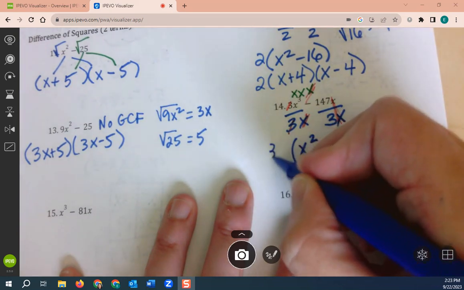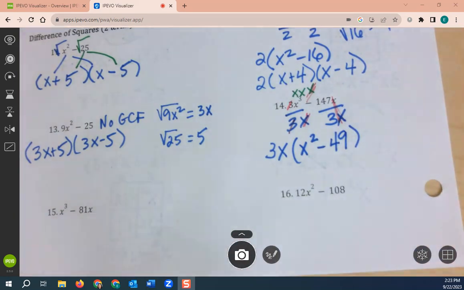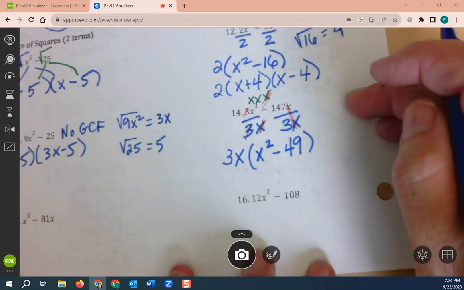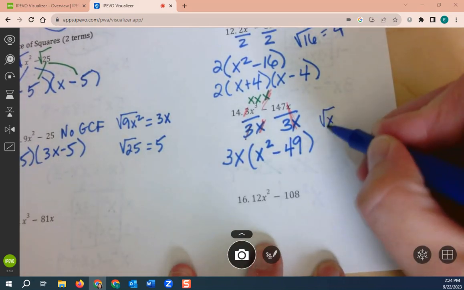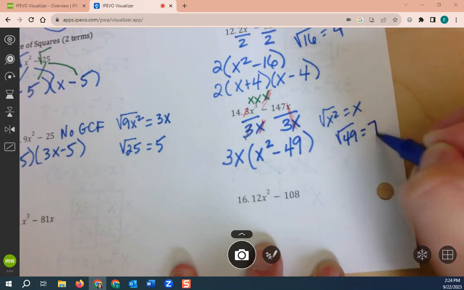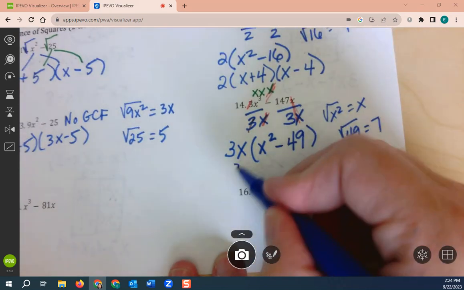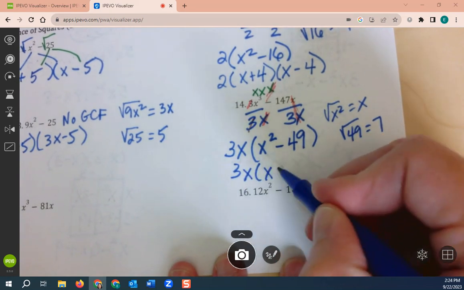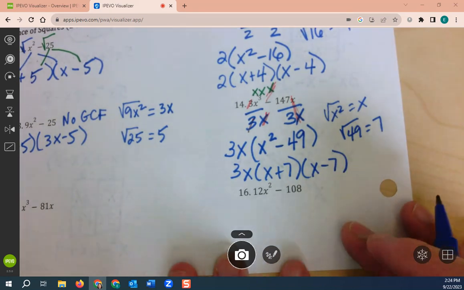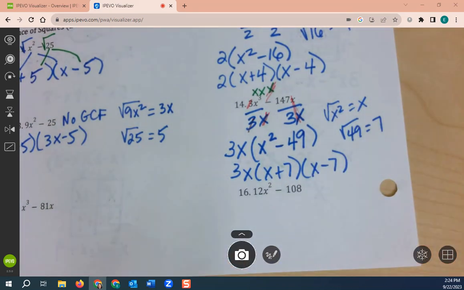And I'm going to put the 3x on the outside. Okay, so now you have to remember to do your square root. So square root of x squared is x. Square root of 49 is 7. So you should have 3x times x plus 7 times x minus 7.